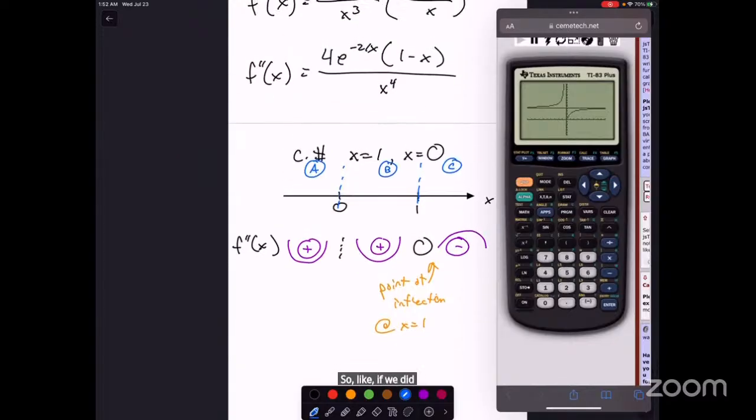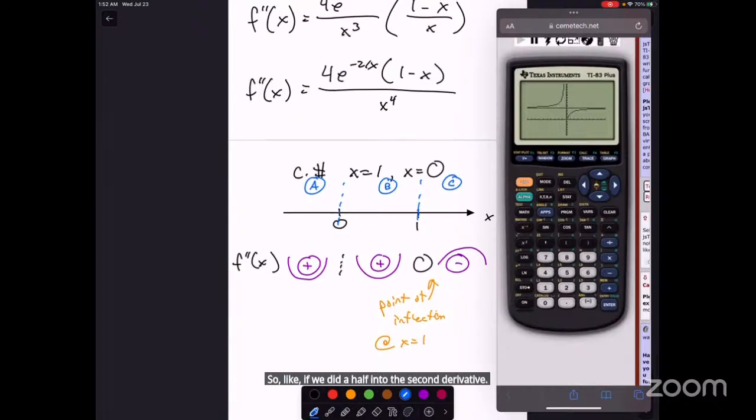The second derivative. Something's going on there. Concave up, concave down, when x is 0. So if we did a half into the second derivative, that's positive, positive, that's negative 4, but then that's still a positive. It's concave up. Then it all collapses to 0 at 1.